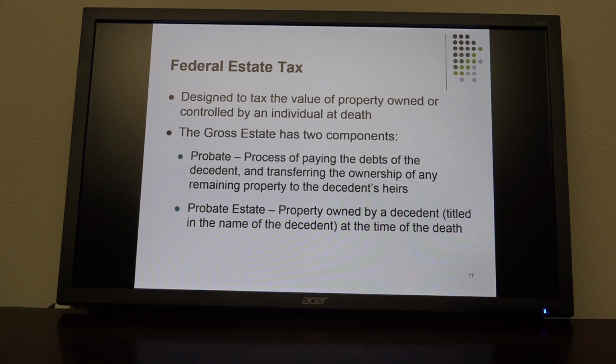Now, if the decedent dies without a valid will, then each state has these things called laws of intestacy, and so they die intestate. The laws of intestacy, in the absence of a will, tell the parties what property each will take and what percentage each will take.